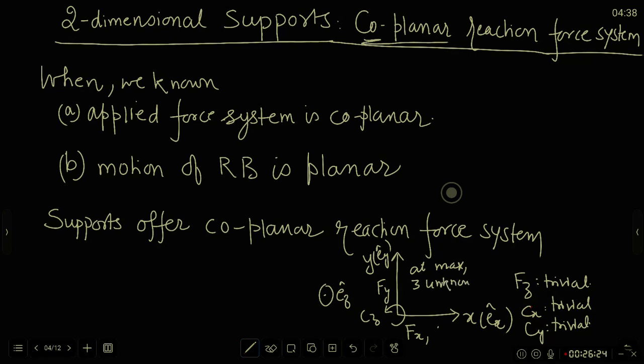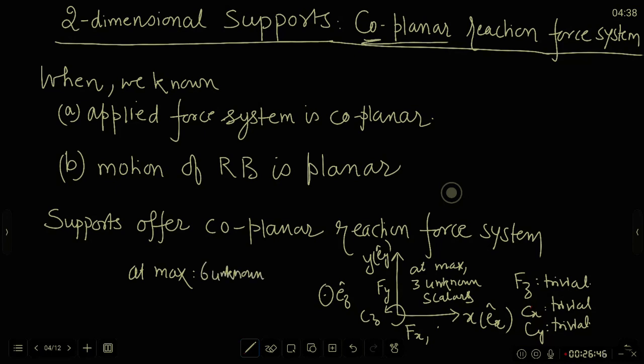Contrast this with a general 3-dimensional support that I was talking about earlier. At max, earlier, it was 6 unknown scalars. Previous slides. Okay.